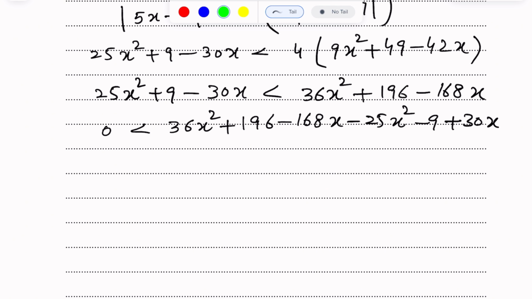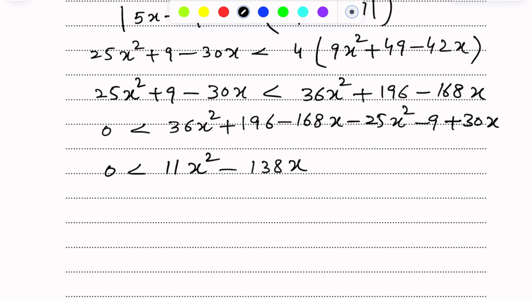Now collecting the like terms, 36 minus 25 is 11. 0 is less than 11x². Collecting x terms, -138x, plus 187, collecting constant terms.